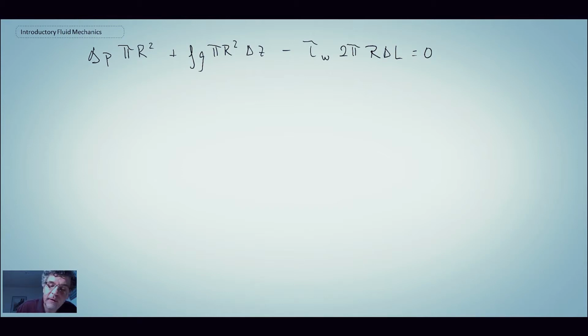And what I'm going to do is divide through by rho g and pi r squared. And when you do that, you end up with delta z. So we're dividing through by rho g pi r squared, so delta z is by itself. And I'm going to take the tau w over to the right-hand side.